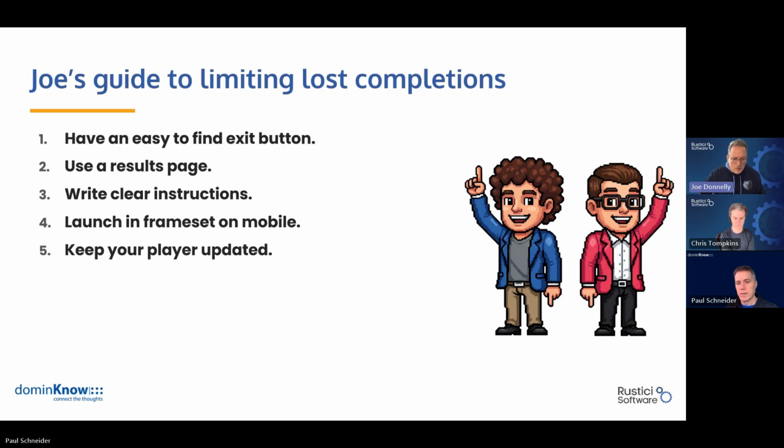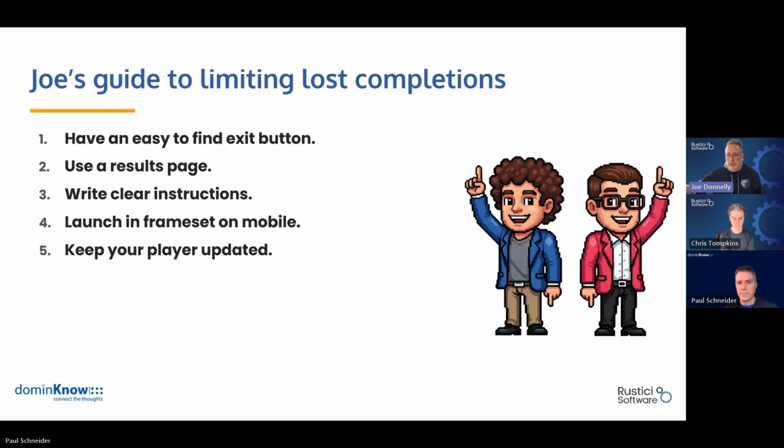And then lastly, and Paul touched on this a little bit earlier, keeping things updated on your LMS side, if you can do that, is super important. We've all been doing this a long time, and the things that I know now versus the things that I knew back in 2005 are very different. The same thing with our player. Things have changed. There have been performance upgrades.